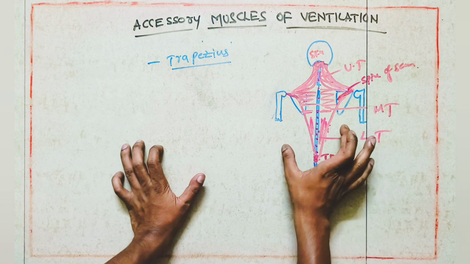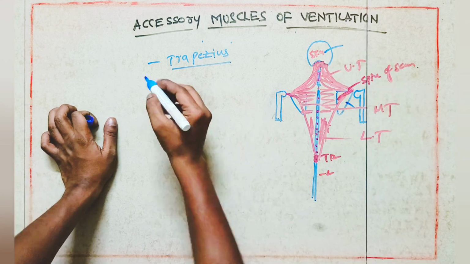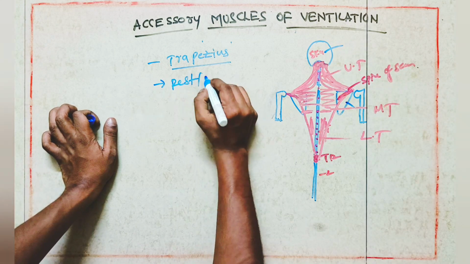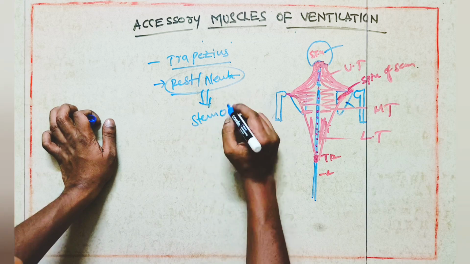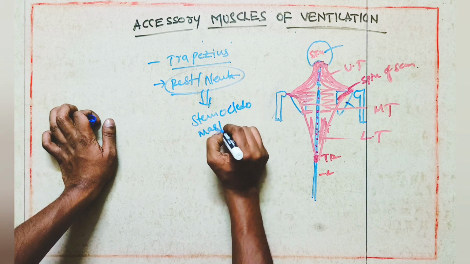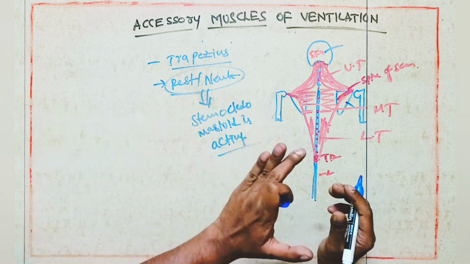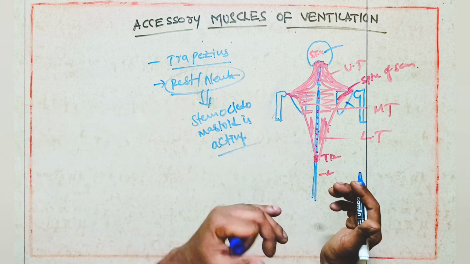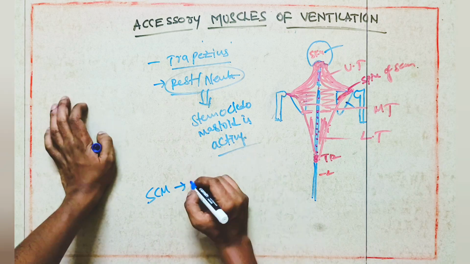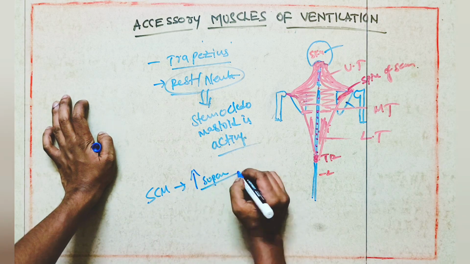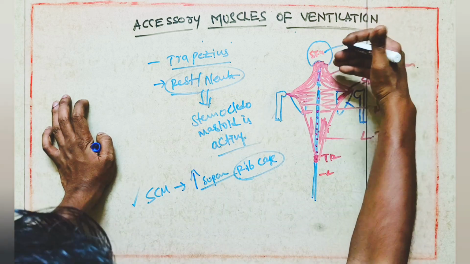The trapezius muscle is going to maintain or keep the head and shoulders in a resting or neutral position when the sternocleidomastoid is acting. What does it mean? When the sternocleidomastoid muscle is acting for ventilation, it can do the superior movement of the rib cage, working anteriorly.